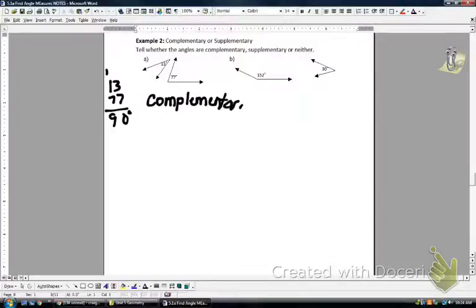I didn't use my calculator. Example B, 152 and 30 degrees adds to 182. So that's bigger than 180. So these are neither. They don't add to 90 and they don't add to 180, so it's not either complementary or supplementary.